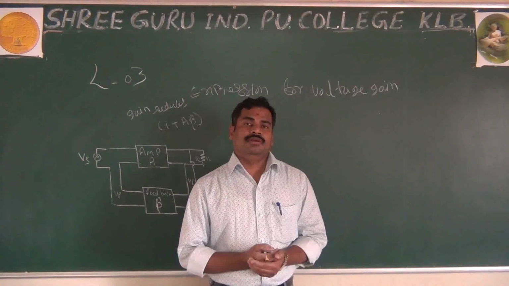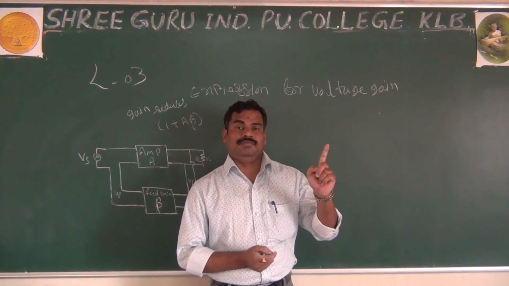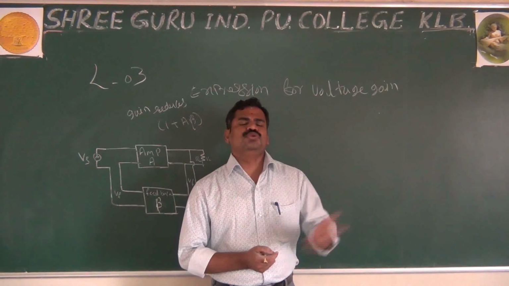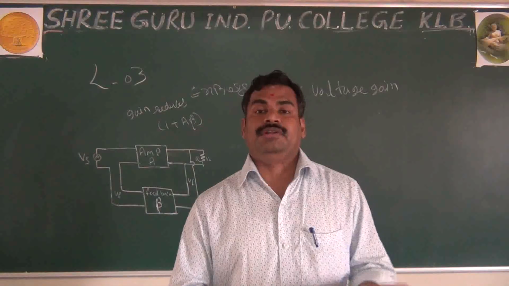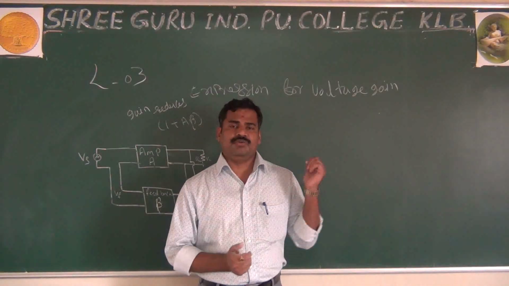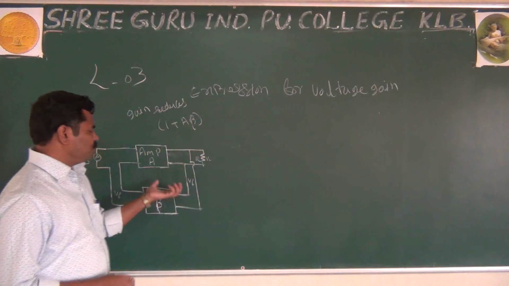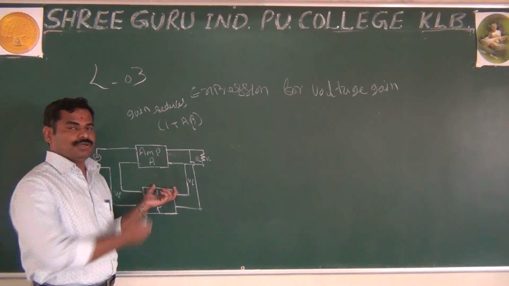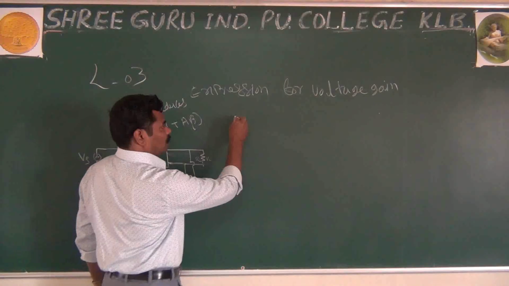Because of its most important advantage: stability in the gain. We need a proof for that stability of the gain, and we can go for a very small derivation, using the same derivation as in the voltage gain, for the stability of the gain.